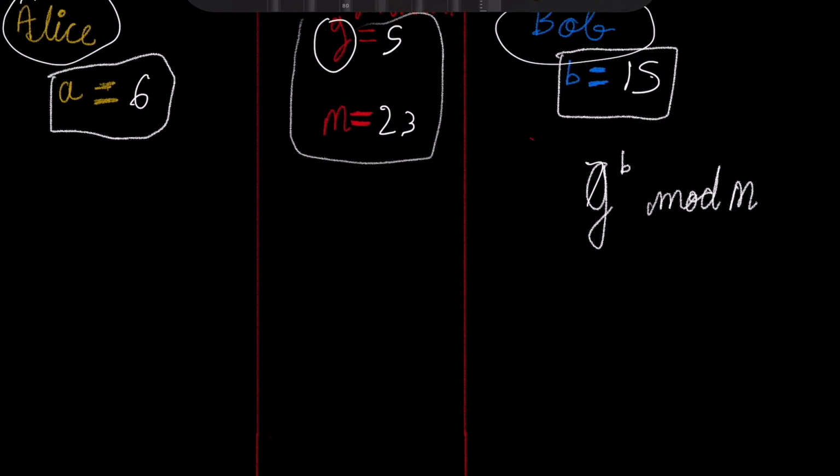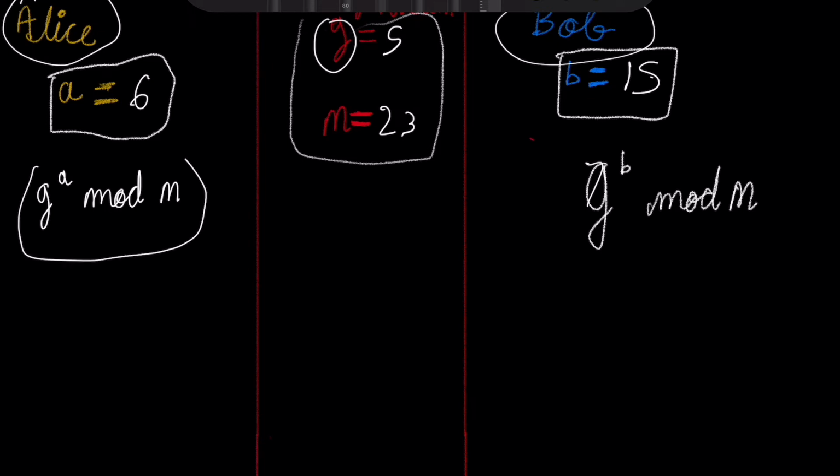So back to the point. Next we have g to the a mod n. Alice calculates this value, Bob calculates this value.